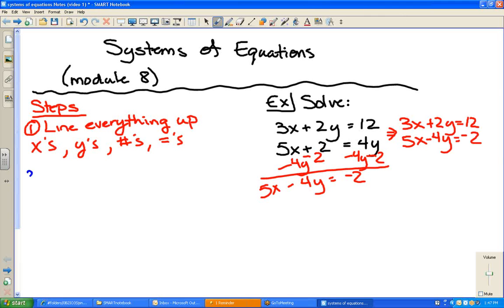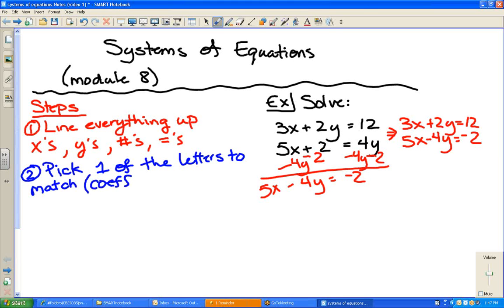Okay, step 2 is pick a letter and match the coefficient.